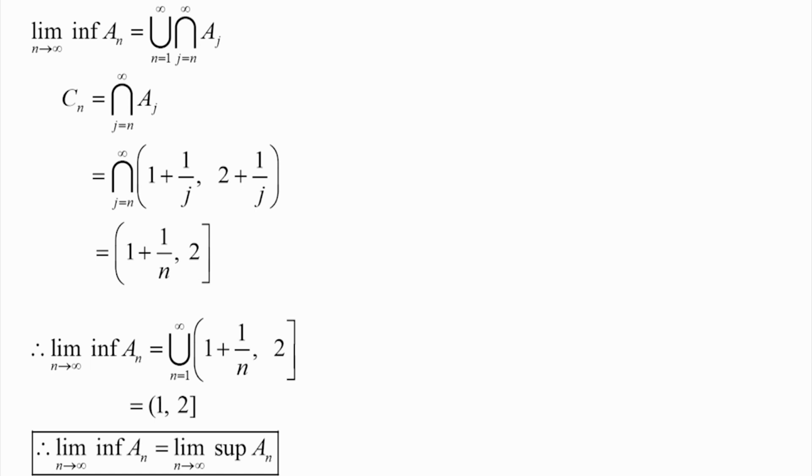Similarly, like in the previous case, here also the first element will be suppose 1 plus 1 by n, because it is starting from n, and the right hand side is 2 plus 1 by n.